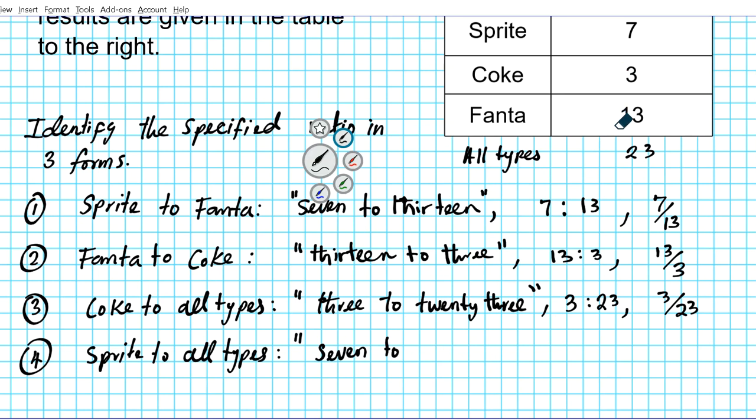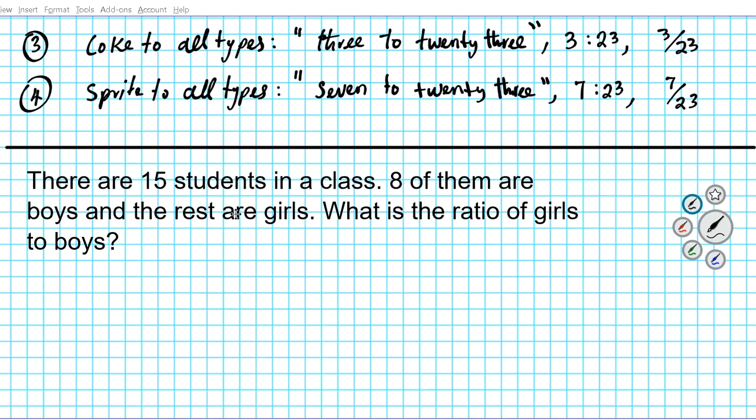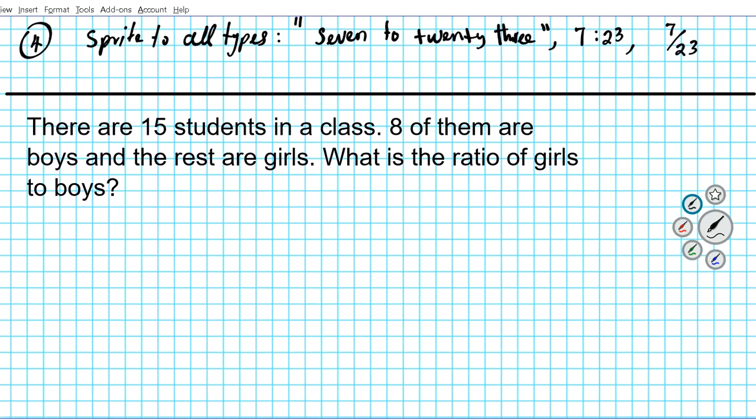Remember when we added them all together, it was 23. 7 to 23. Okay, if we want to write it in standard form, it's going to be 7 colon 23. And if we want to write it as a fraction, it's going to be 7 divided by 23, 7 over 23.